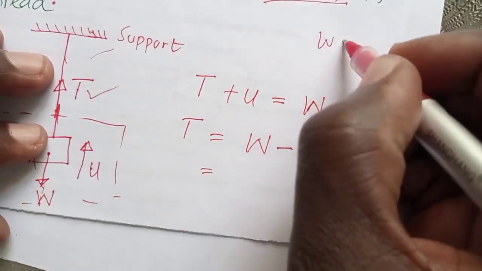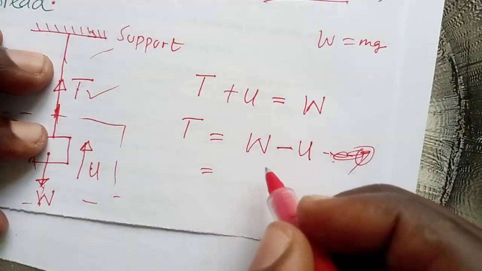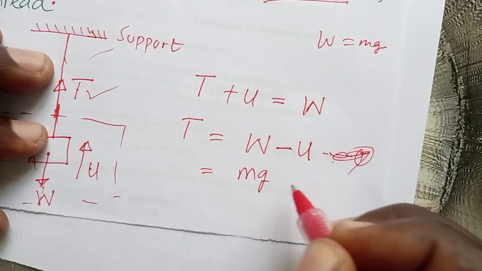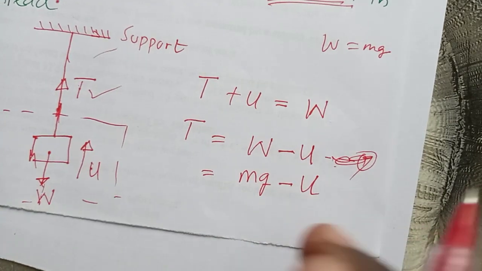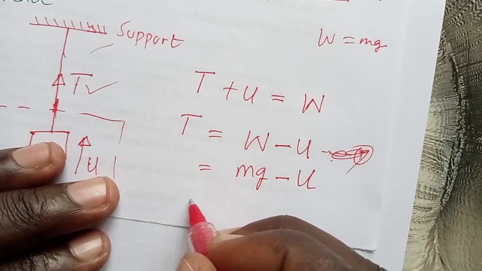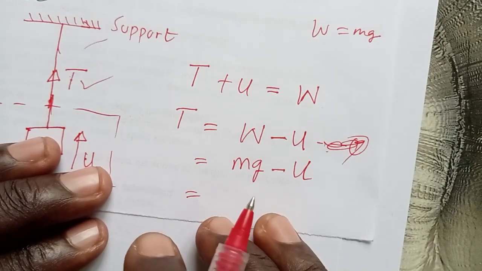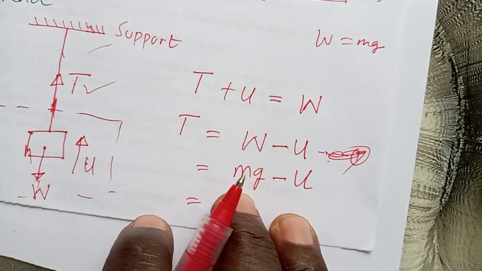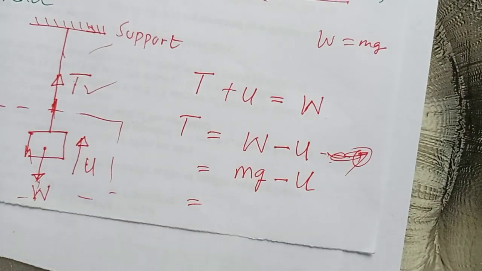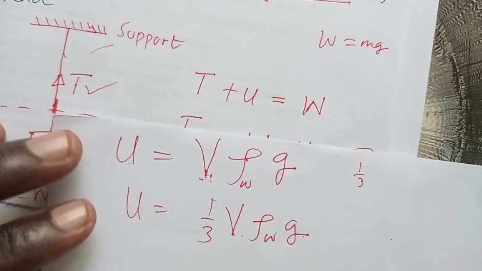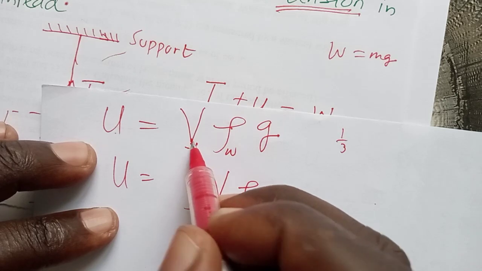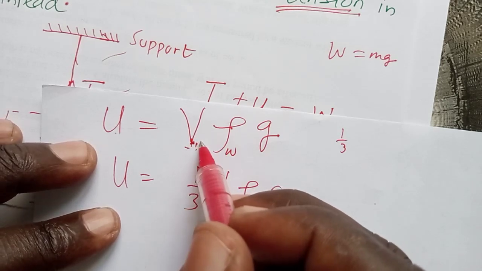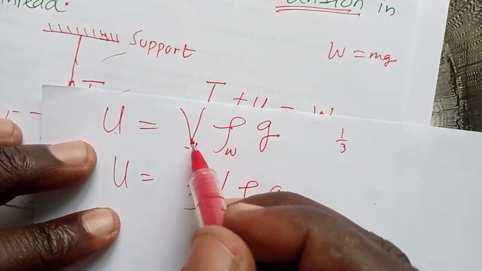I know that weight is just mg, okay, so I can say mg for weight minus U, where U is my upthrust. From what we did here, this upthrust is what? Volume, where this volume is the volume of the liquid displaced and also the volume of the solid.